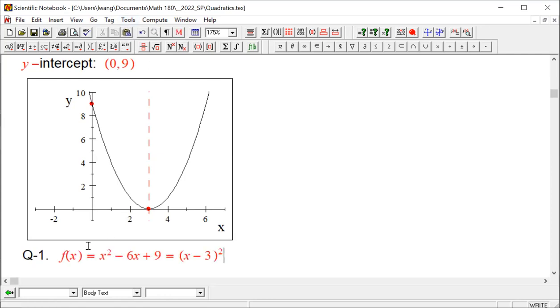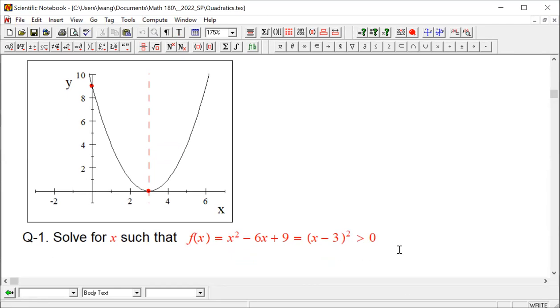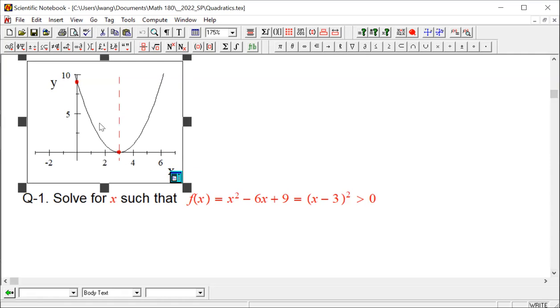We say, solve for x such that f of x is positive. Well, in this case, we want the curve to be positive, right? We want the output to be positive. Well, the output is positive or 0 because it touches the x-axis once. So that's where the output is 0, right? So we want the output to be positive. So what will be the solution?